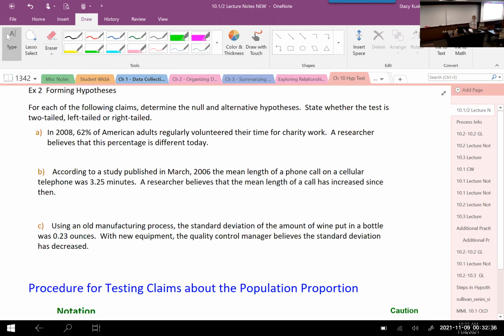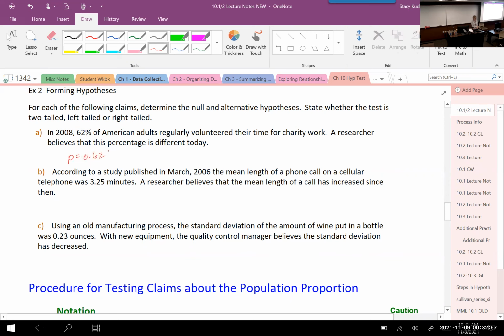Your parameter. It is the population parameter. Very good. Now, what variable do I give it? P. I would give it P, right? The proportion of Americans. So P is equal to 0.62.